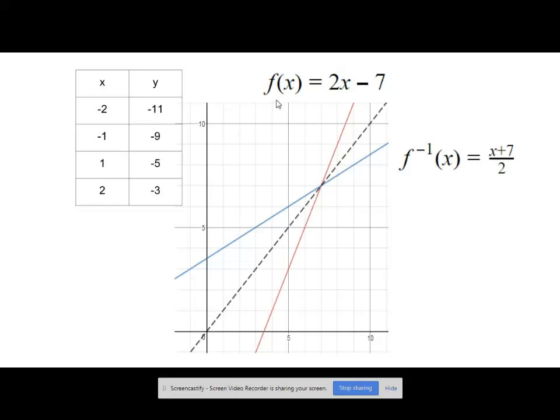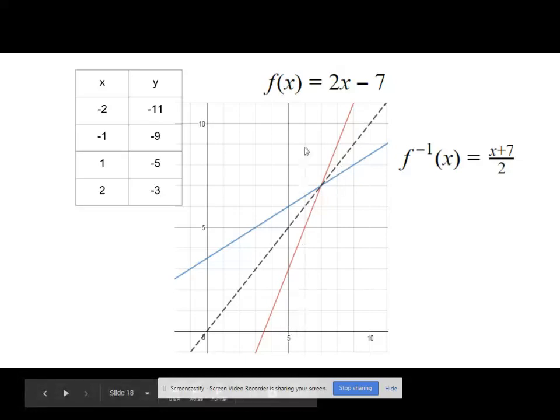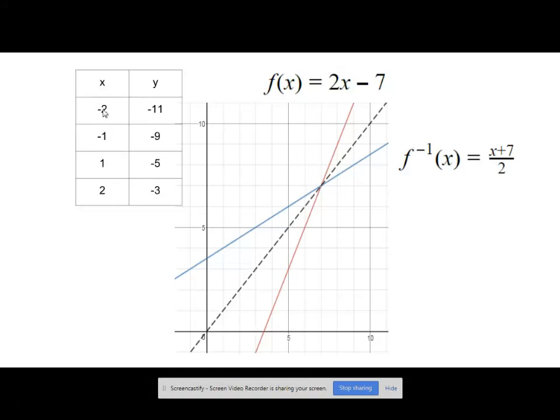And if it is a one-to-one function, so let's look at this f of x equals 2x minus 7, this red line here. Definitely a function, passes the vertical line test. If we look at the table of values, there's no repeats in the x values, but there's also no repeats in the y values. Every domain value has exactly 1 range value that comes out. Every range value has exactly 1 domain value that got us there.